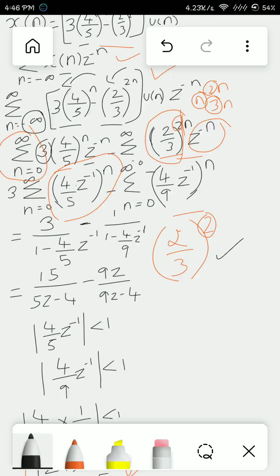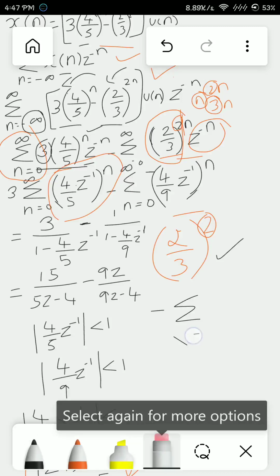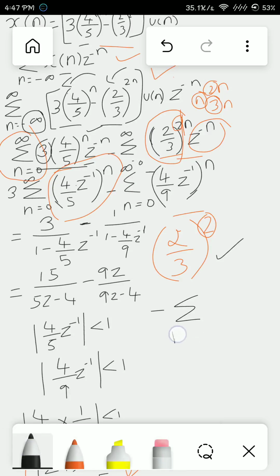You have to write minus summation of, n is equal to 0 to infinity, 4 by 9 to the power of n into z to the power of minus n. You can write it, right? Yes. And then here we use the formula.